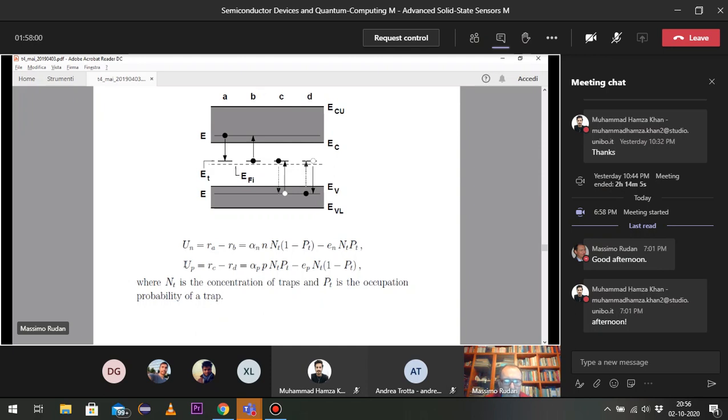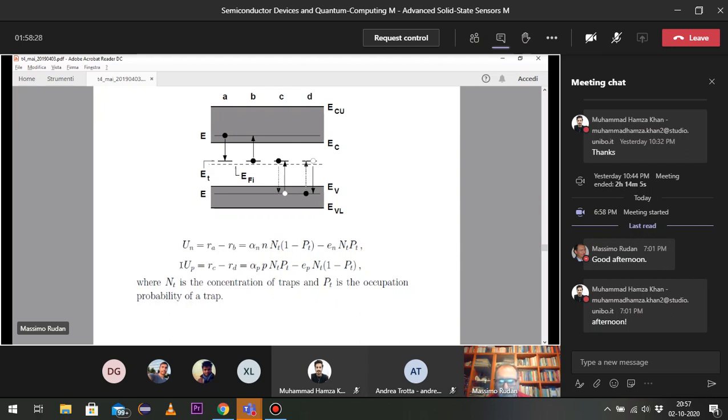UP is the difference RC minus RD, okay? Remember, we are in a non-equilibrium condition. In equilibrium, UN is identically zero, UP is identically zero because the continuity equations are identically zero, okay? So we are in a non-equilibrium condition, okay?